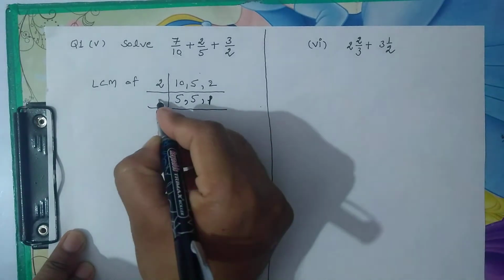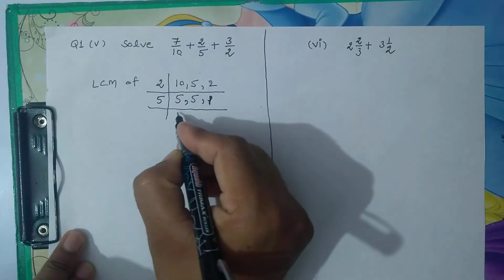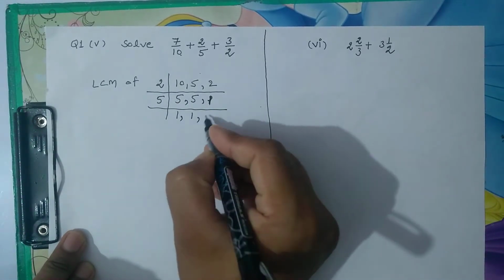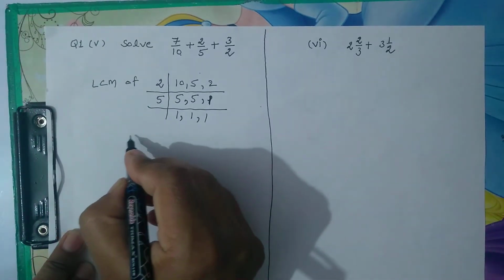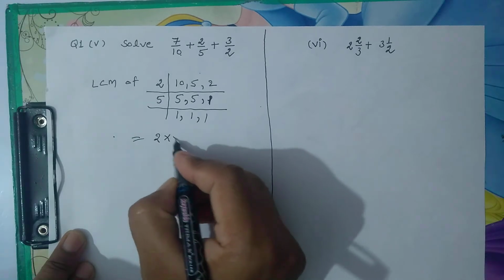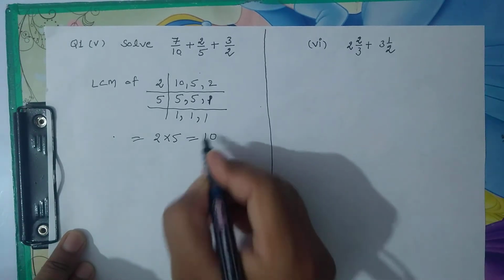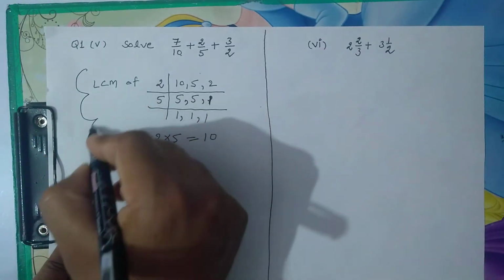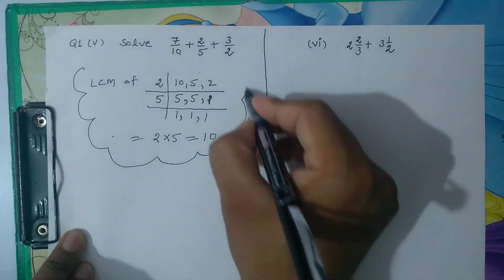Next we divide each term by 5. 1, 5, 1, 5, 1 as it is. So the LCM is 2 into 5 equal to 10. So this is the LCM.